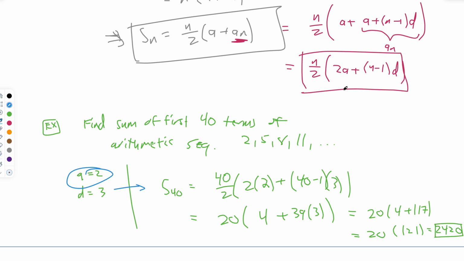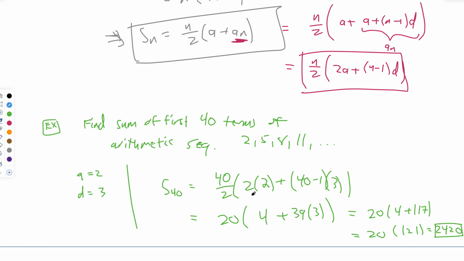So we plug into the second form, and we get S sub 40 equals 40 over 2 times 2 times 2 plus 40 minus 1 times 3.